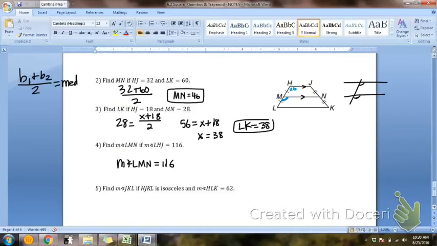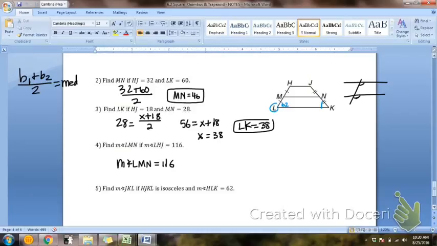All right, last question. Find the measure of angle JKL. Find JKL, this angle down here. If this is an isosceles trapezoid and HLK is 62. Okay, so these are both base angles. Would you agree with that?